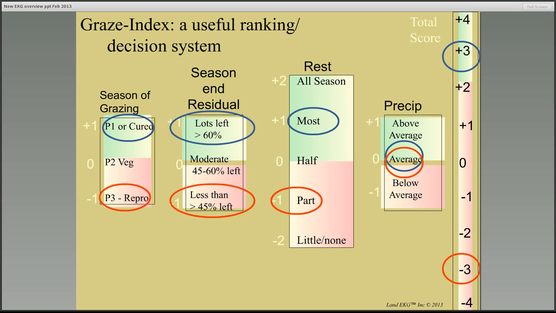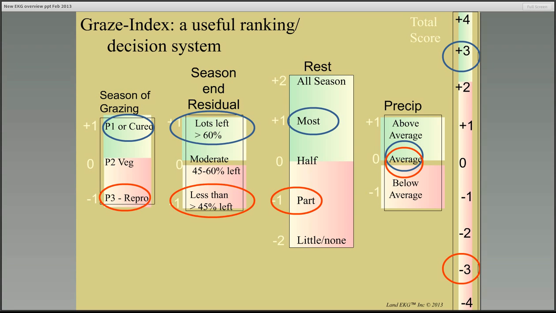Each one of these indicators has a scoring range from +1 to 0 to -1. So we have season of grazing, season end residual, or how much forage is left at the end, rest or opportunity, how much rest that plant community received, and precipitation. Those are our 4 main categories.